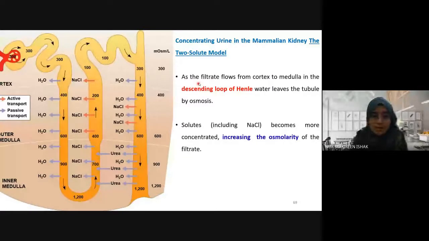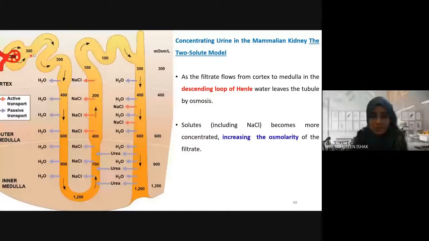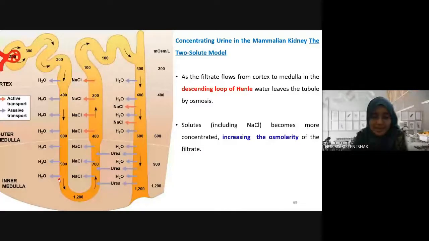Okay, so next, as the filtrate flows down, filtrate tadi kan, kat proximal tubule, dia punya concentration is 300 milliosmol. So as it goes down the descending limb of loop of Henle, water is being reabsorbed all the way through because there are aquaporins in the transport epithelium of the descending limb of loop of Henle. So water is being reabsorbed continuously.